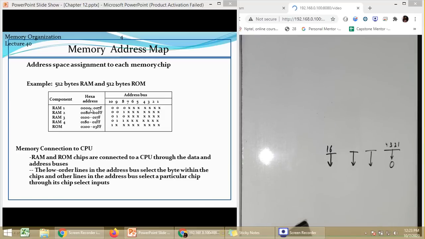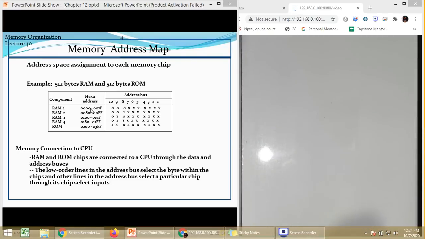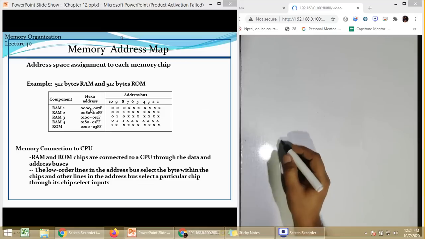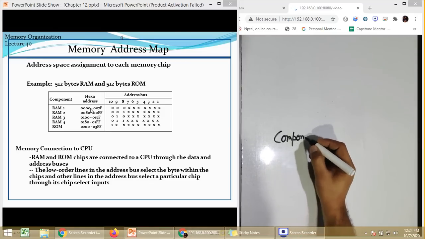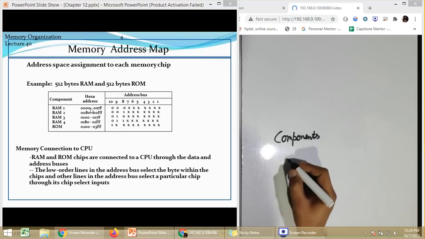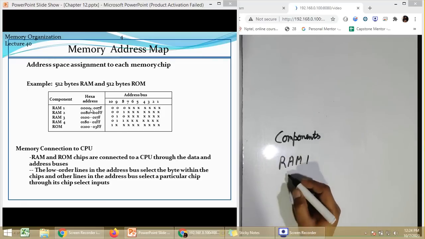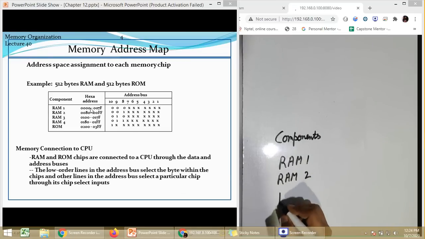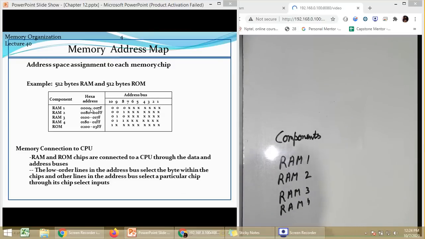Now let us talk about the components which we have. In components, the first component is RAM chip 1, then we have RAM chip 2, then RAM chip 3, RAM chip 4, and we have a ROM chip.